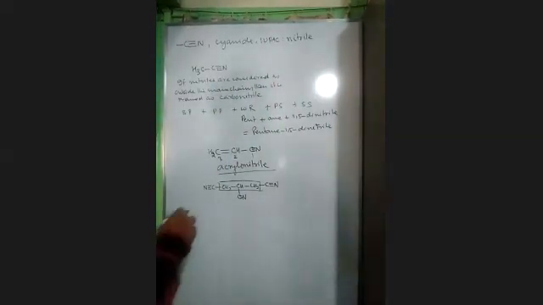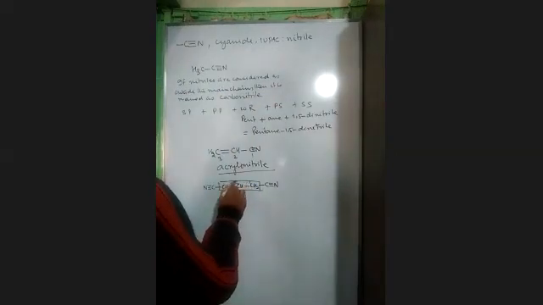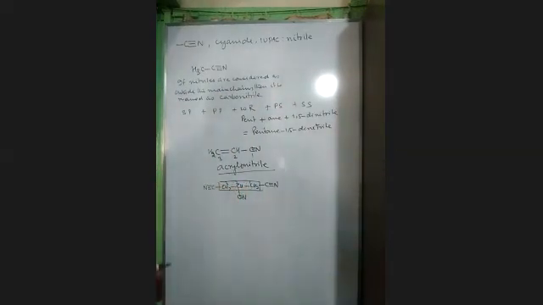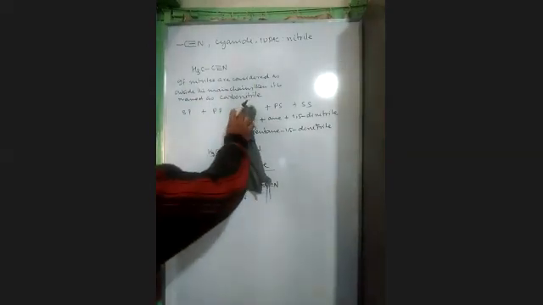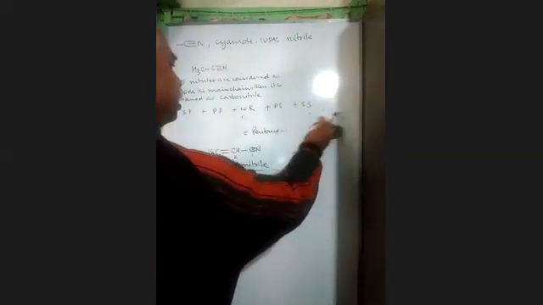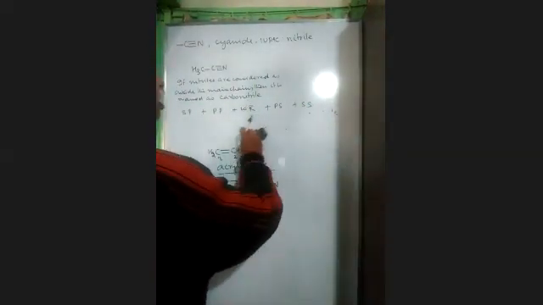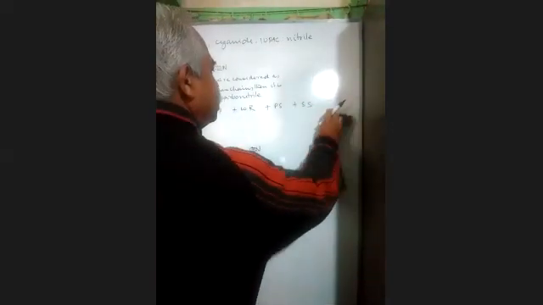So how will you name it? 1, 2, 3. So the name will be, we consider now the main chain consists of 3 carbons.